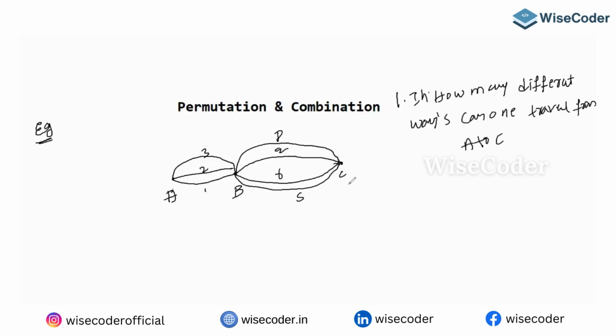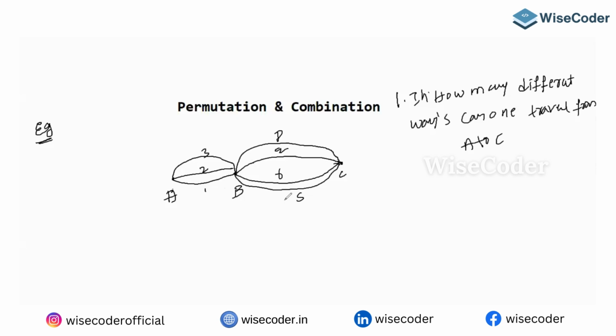This is the first question. We'll do one by one. Okay, guys, the point is this: A to B, how many ways are there? Three ways. B to C, how many ways are there? Four ways.